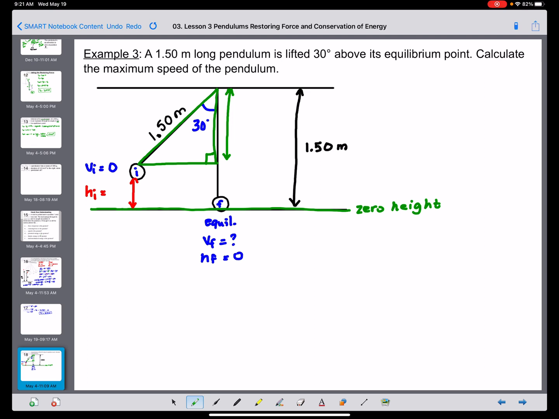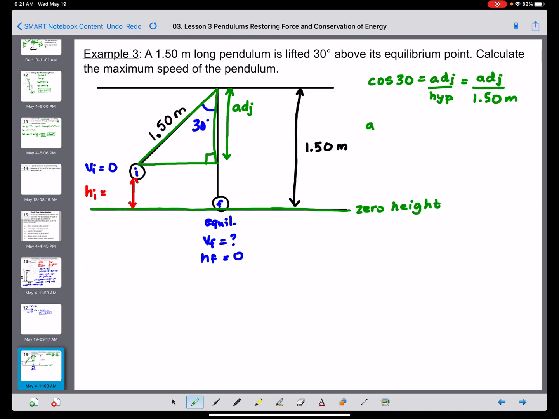So just focusing on that green triangle that I traced over for a second, we can see that this side that I just wrote adjacent next to is adjacent to the 30-degree angle. So we can write down cos of 30 is adjacent over hypotenuse. So that's adjacent over 1.5 meters.